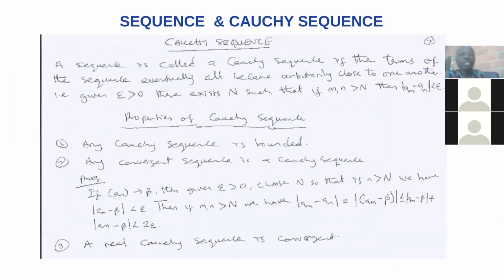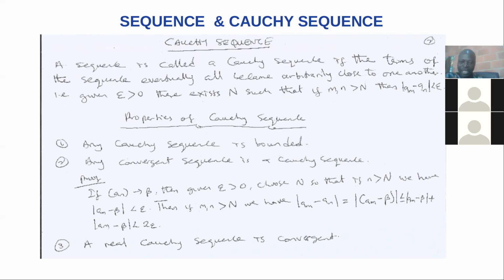So the next one is the Cauchy sequence. A sequence is called a Cauchy sequence if the terms of the sequence eventually all become arbitrarily close to one another. That is, given epsilon greater than 0, there exists N such that if m, n are greater than N, then the modulus of am minus an must be less than epsilon.